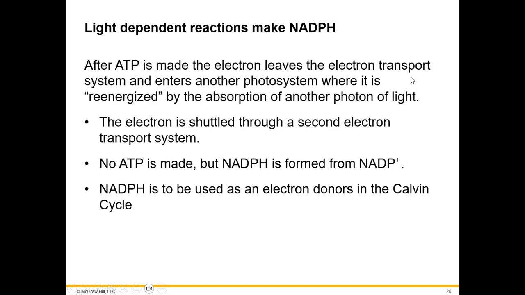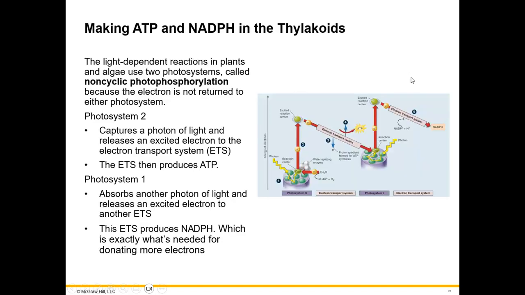No ATP is made, but that's when we get NADPH. It will be formed from NAD+. NADPH is going to be used as the electron donor in the Calvin cycle. So that means we've made ATP and we've made NADPH, and both of those are what we need to combine with carbon dioxide in the Calvin cycle.